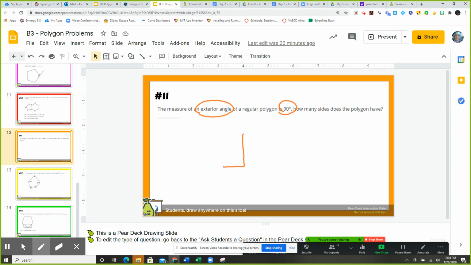So if the exterior angle is 90 degrees, then the interior angle would also have to be 90 degrees, which means, yeah, I think that's a square. And you are correct. It says how many sides? So the answer is 4.